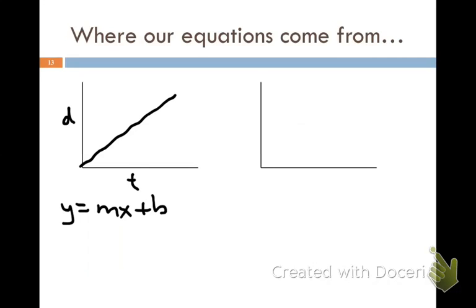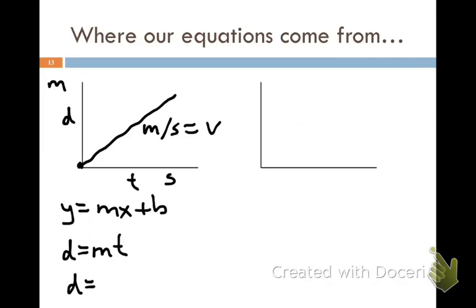We found that our distance was substituted for y, and time was substituted for x. Now b is the starting position, but since it's 0, we're going to ignore it. We had to find our slope, so we took our units of meters and seconds, and it's going to be meters per second. That was equal to our velocity. So our equation was distance equals velocity times time.